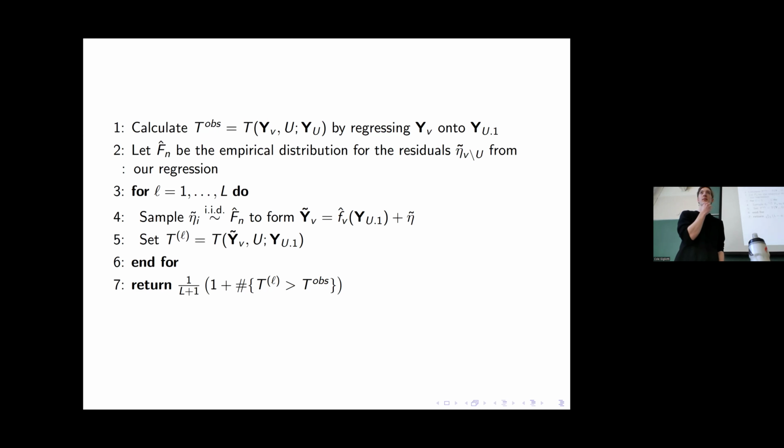And B, those are from doing the first regression. They don't do a second regression after that.